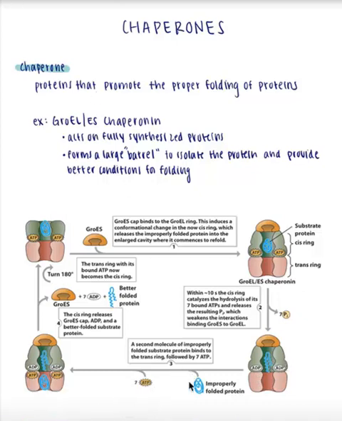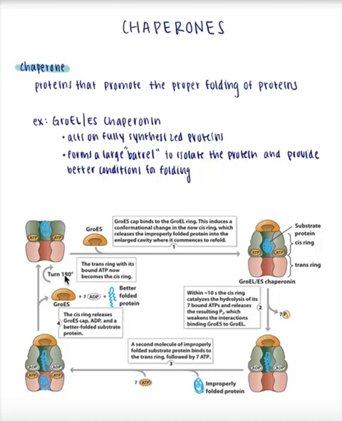Then a new misfolded protein will attach to the other barrel, or in this case the trans ring, along with ATP. The cis ring will then release its cap along with ADP, the leftover version of that hydrolyzed ATP, and the cap will come off, the ADP and the newly properly folded protein comes off.